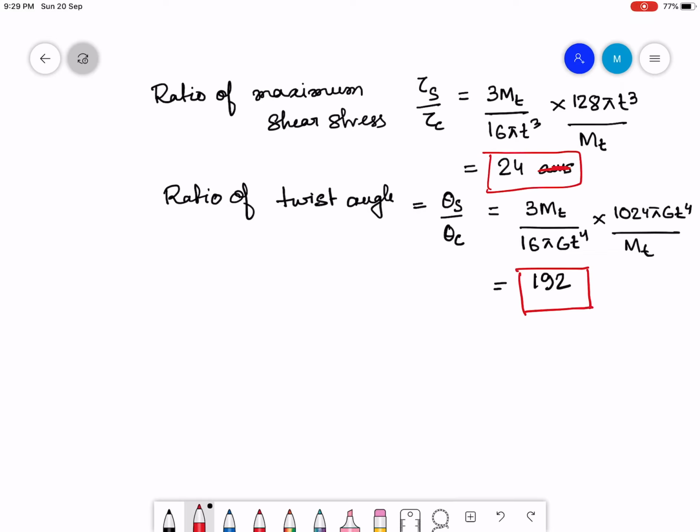This example was carefully chosen to show the importance of having a closed cross-section shaft where possible. There are certain cases where you cannot have a closed cross-section beam or shaft, but you can see in a very emphasized way how much difference it makes when it becomes a closed cross section and when it becomes an open cross section.